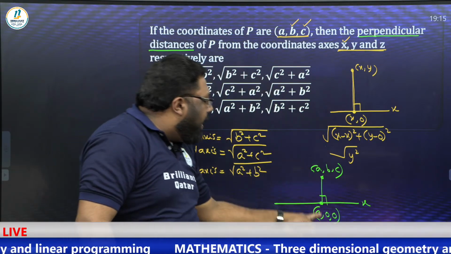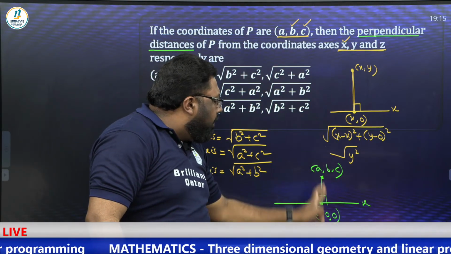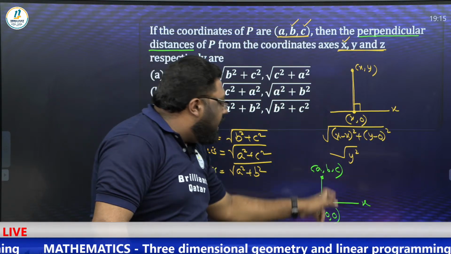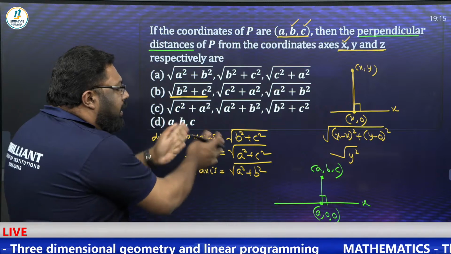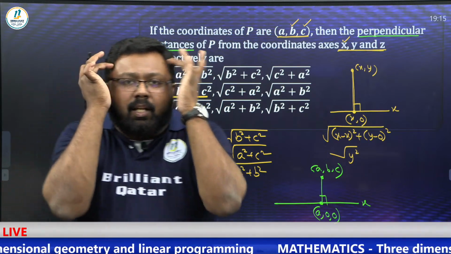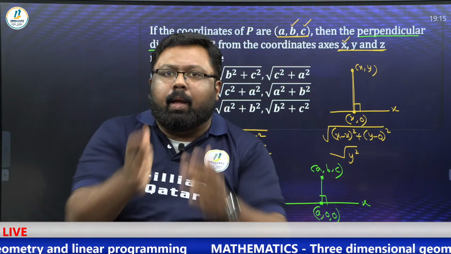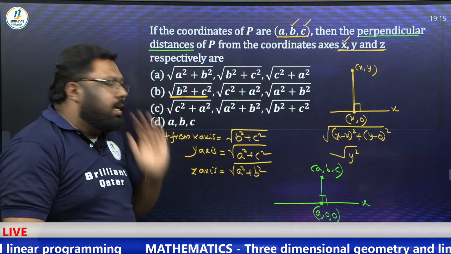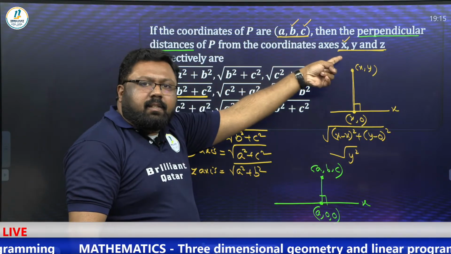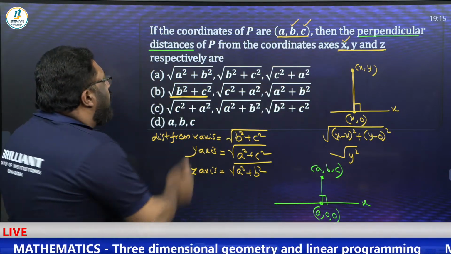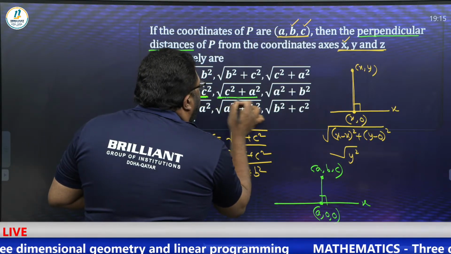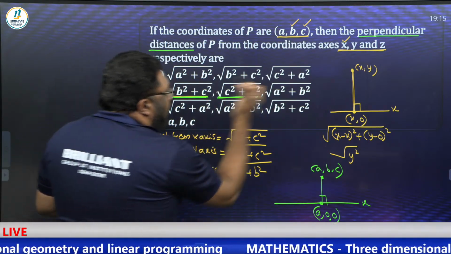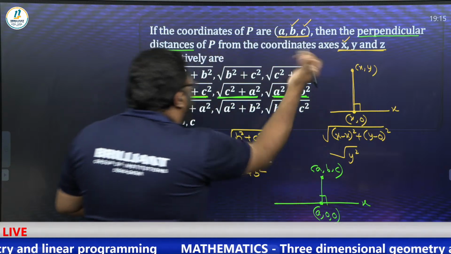So it is going to be square root of a minus a squared, b minus 0 squared, c minus 0 squared. So b squared plus c squared. That's what I said. You don't need to do this kind of thought process in the exam. Your options will give you the best answer. If you talk about x, answer is y and z. So y and z for x, x and z for y, and x and y for z.